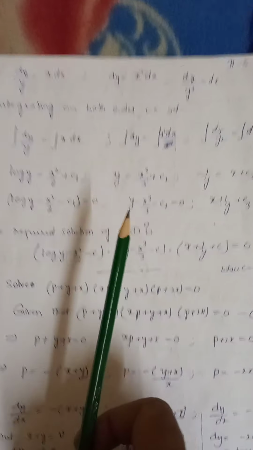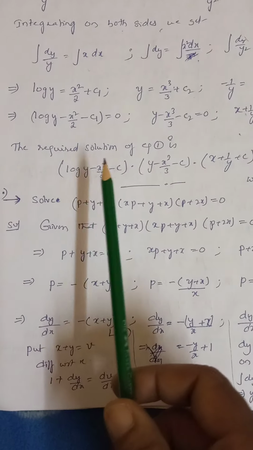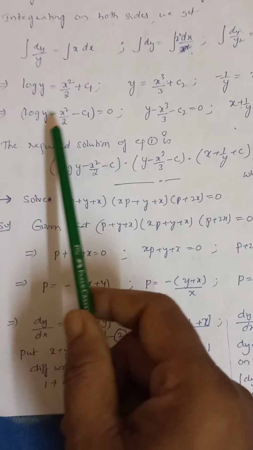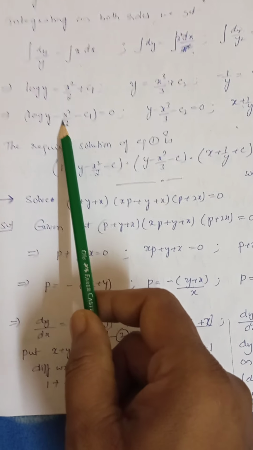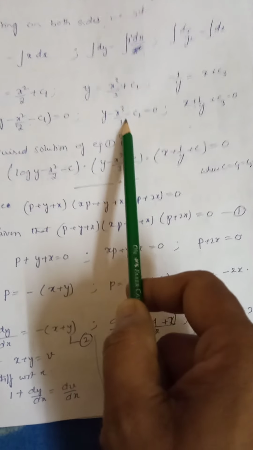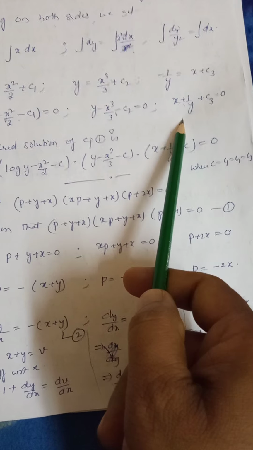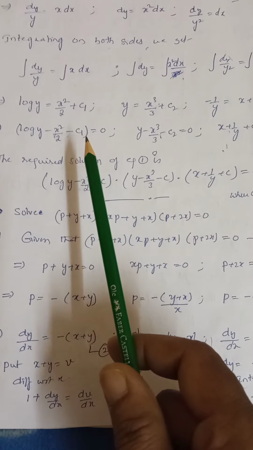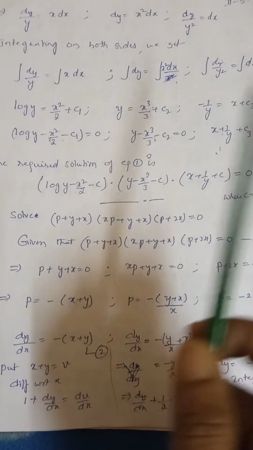Now what is the required general solution? The required solution of equation 1 is the solution of the first factor into the solution of the second factor into the solution of the third factor. And also we have to replace c1, c2, c3 by c only.